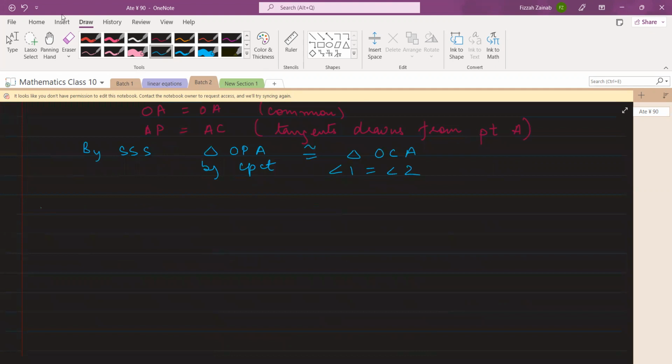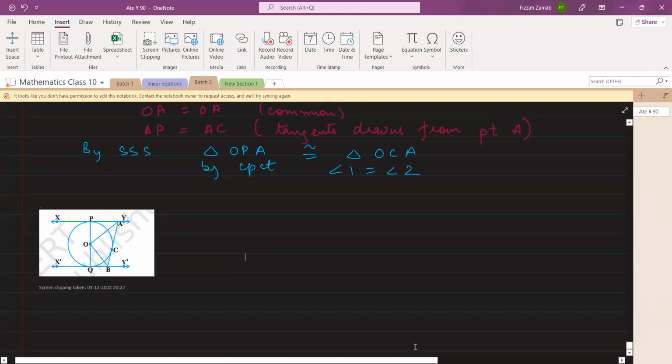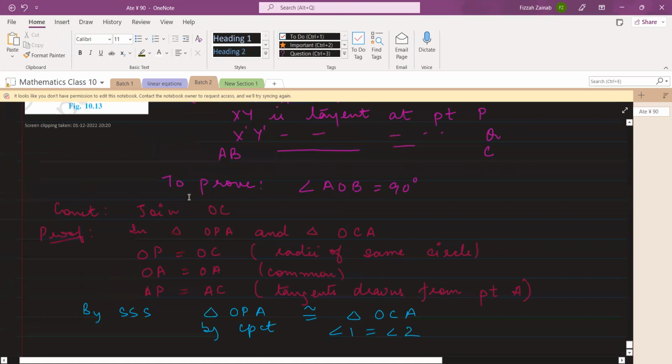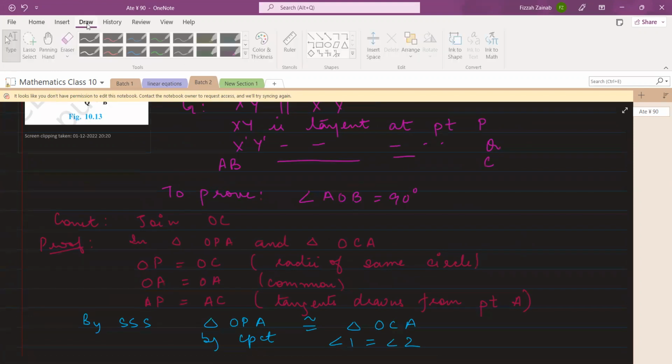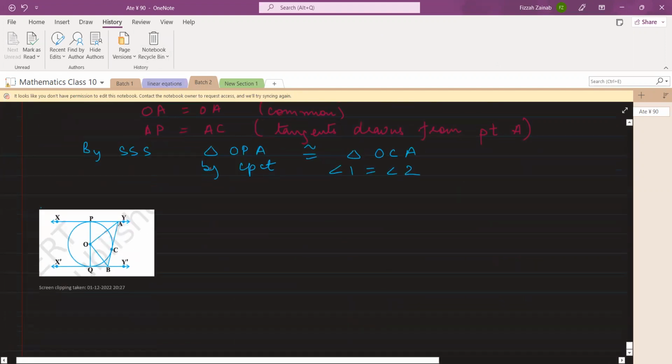So just one minute, I'm inserting the figure again. Now, same thing I'll do here.